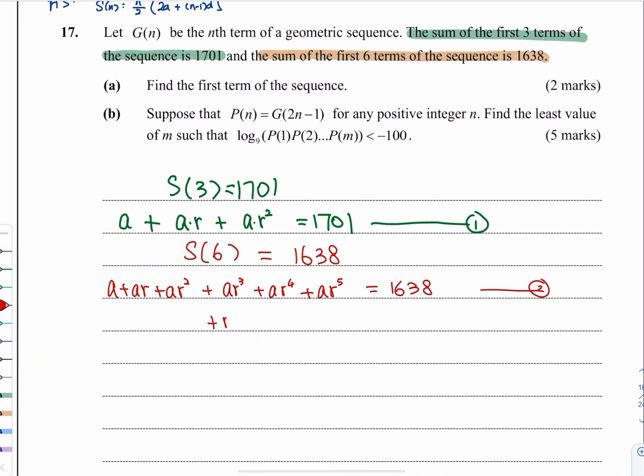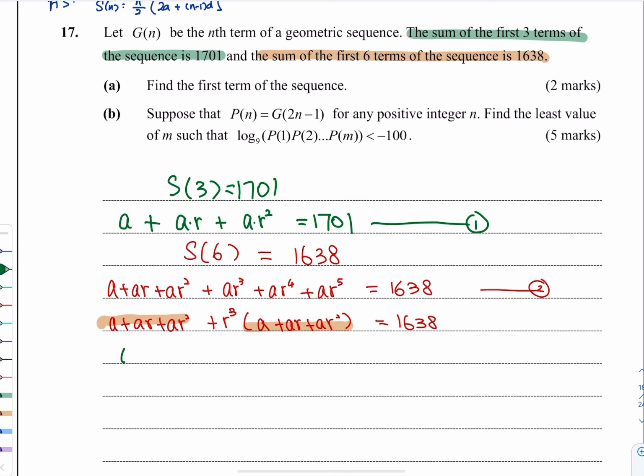Yes, you can take out R cube. And then what are you left with? A plus AR plus AR square. And here it's still the same. Now do you see anything special? This and this is the same, and you can replace it by 1701. Yay.